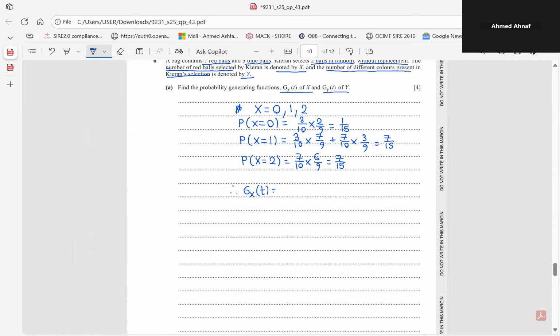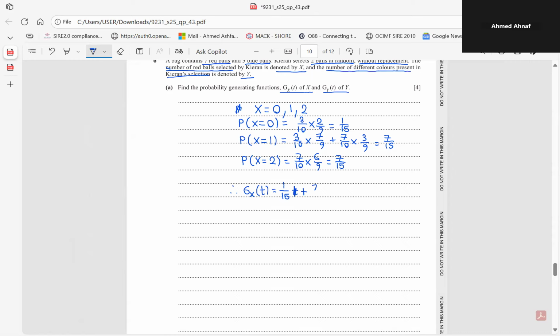So to write your probability generating function, you put the probability of the random variable at the front as a coefficient, and then you put the term t to the power of whatever your random variable is. So since this is the probability of X equals 0, the power of t would be 0, so this would just be a constant term.